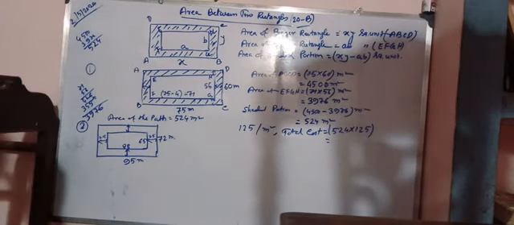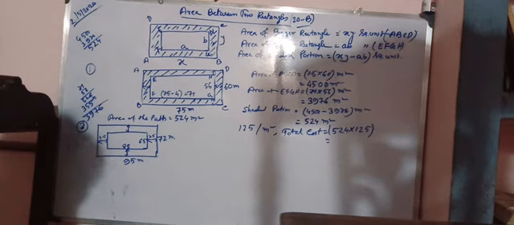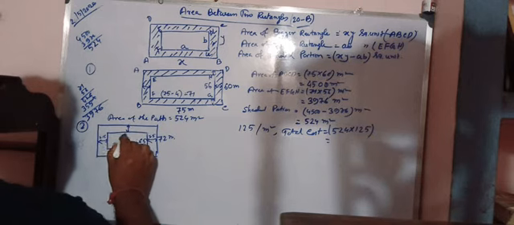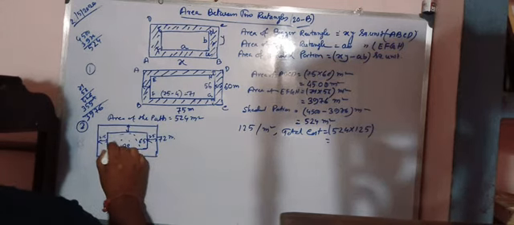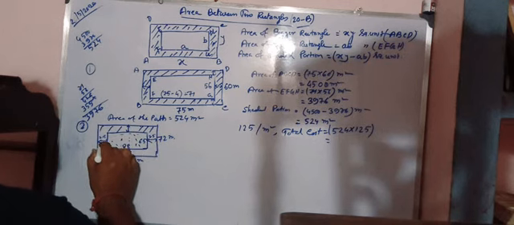Understand that? So now we are asked that the rest of the plot is laid with grass. So this is laid with grass. And this is my path, the second portion.